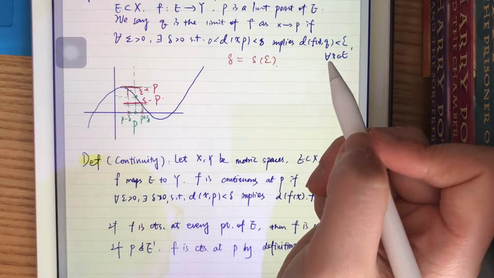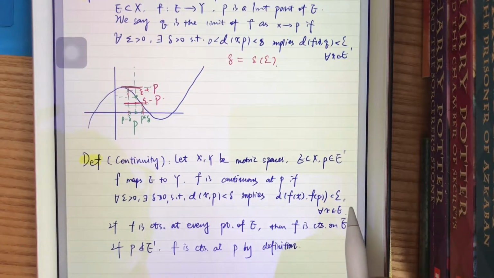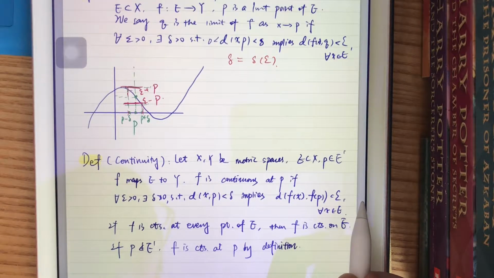We can say the relationship between delta and epsilon is a certain kind of function or a mapping, right? So actually delta is dependent on epsilon. So it's like you first fix epsilon, then whatever epsilon you are choosing, you can always find the delta. It's pretty much like the limit point that we talked about previously, right? Okay.